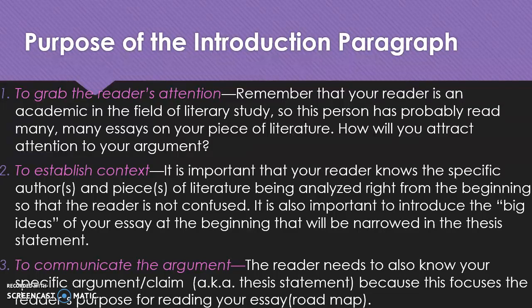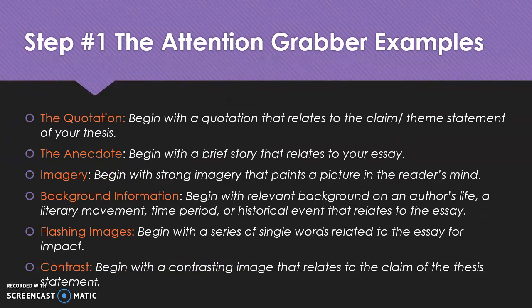And then you can go into communicating your thesis statement, your claim, your assumption, your analysis. Okay. So step one is all about grabbing the reader's attention. Here I have listed a few types of attention grabbers. We have more that we will talk about in class.